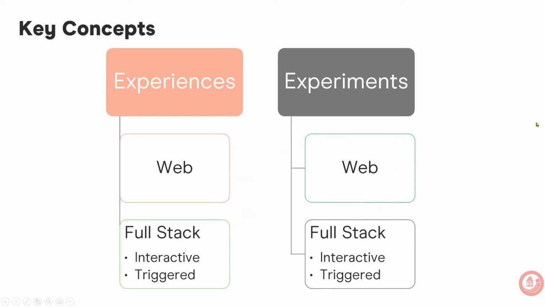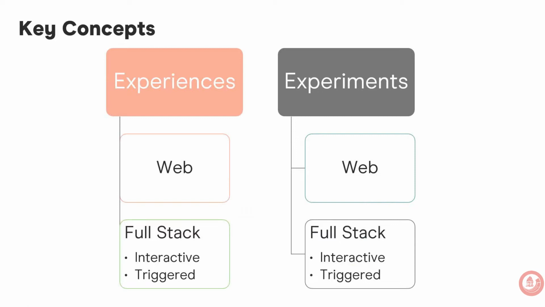There are a few key concepts you need to understand about Sitecore Personalize: experiences and experiments. Experiences are where you want to do some personalization, and you can do that with experiences. If you want to experiment, like which one I should go with, the same as A/B testing or multivariate testing we used to do in the XP world, that will fall into experiments.